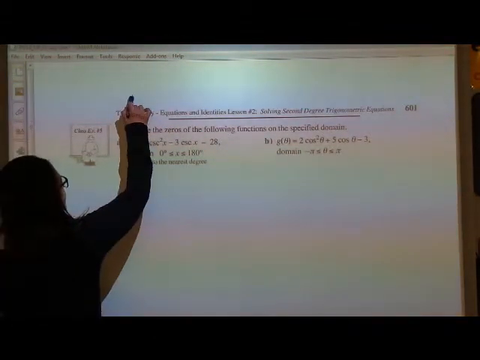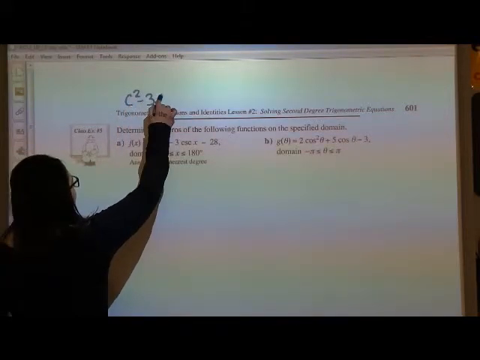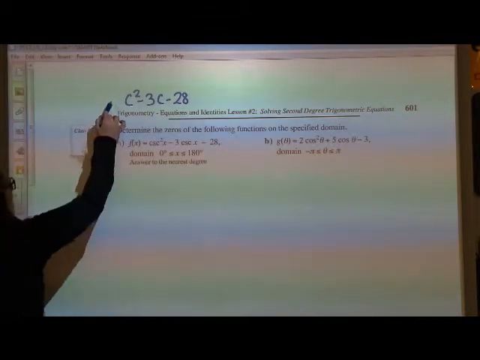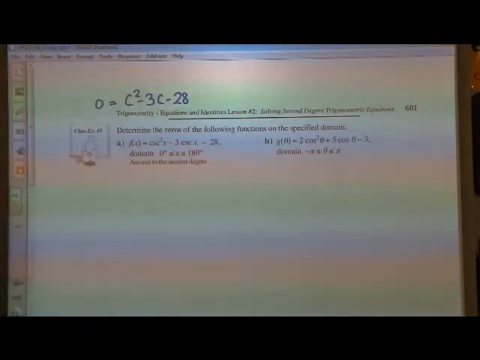So if I look at this as c squared minus 3c minus 28, and I let it be equal to 0, how can I factor that? Two numbers that multiply to negative 28 and add to negative 3.